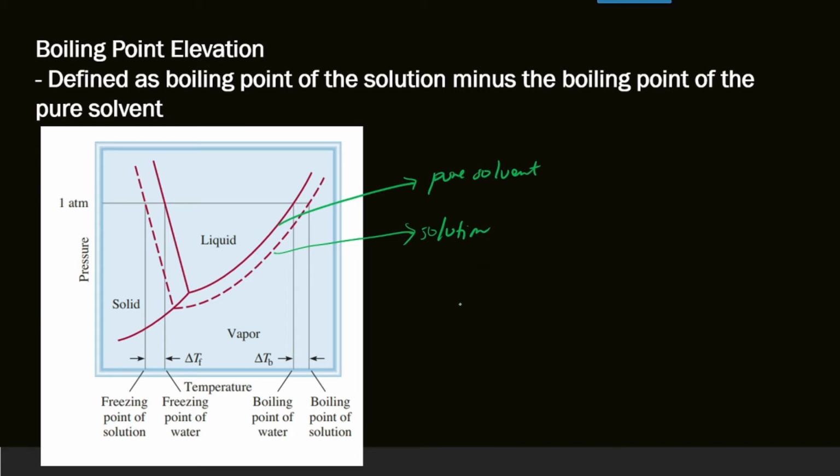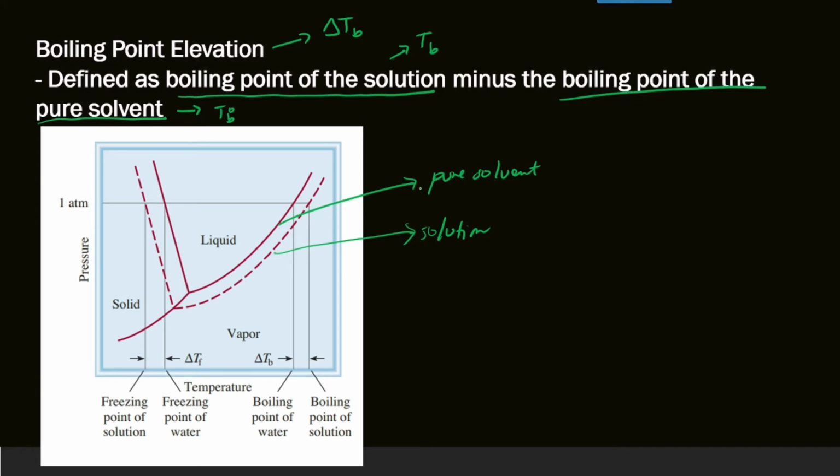Therefore, when you say boiling point elevation, it is defined as the boiling point of the solution, your T sub B, minus the boiling point of the pure solvent, which is written as this.